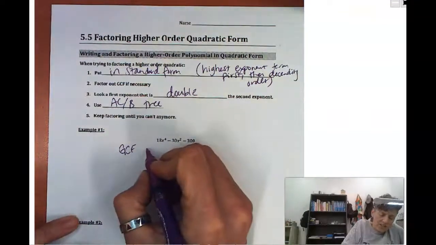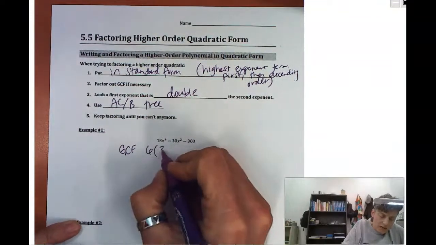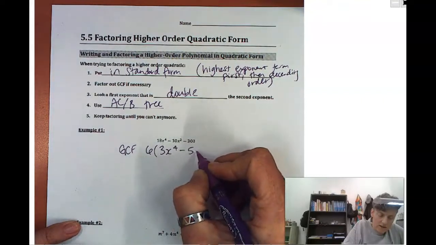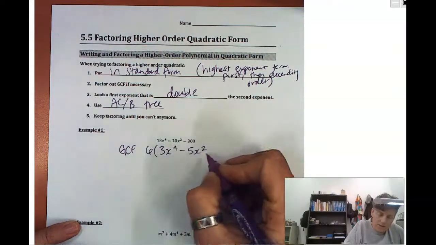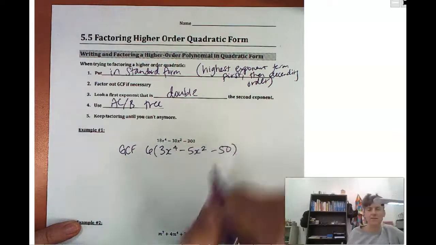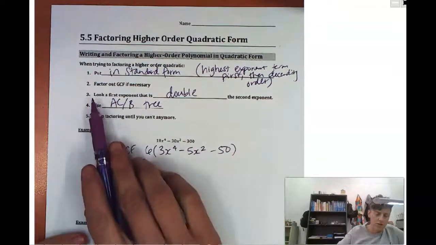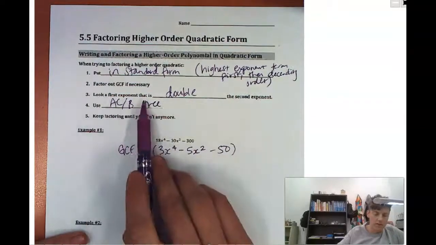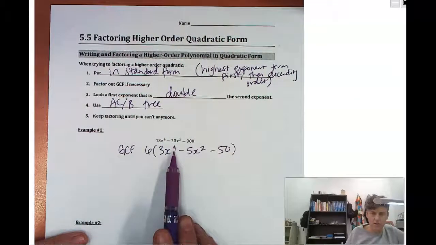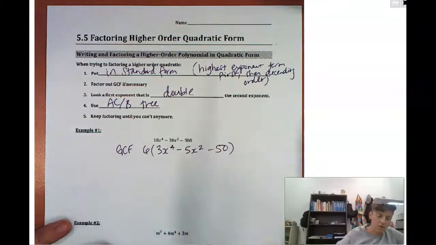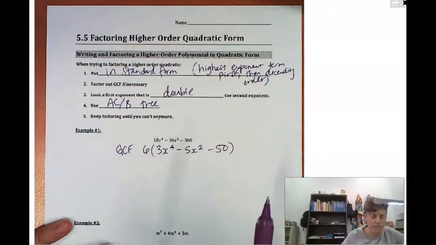We could take out a 6 and be left with 3x to the 4th minus 5x squared minus 50. All right. Now let's make sure our first exponent is double that of the second. Is that double? Yes, it is.